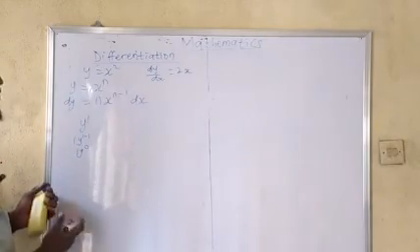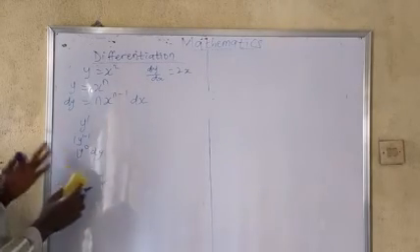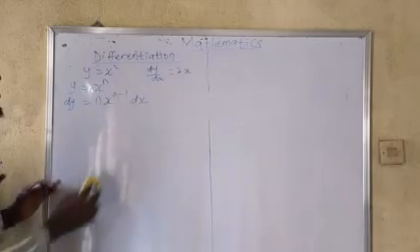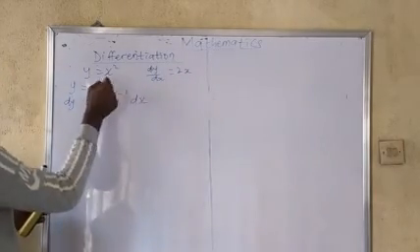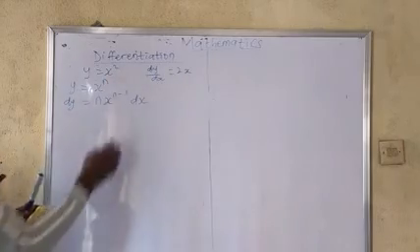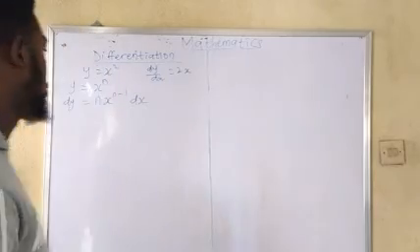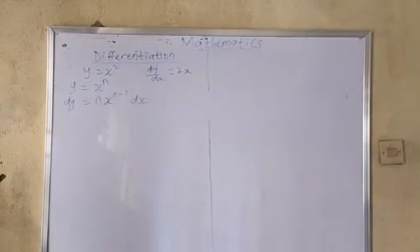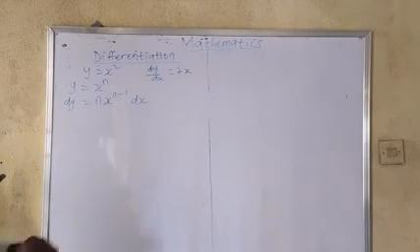So 1 times 1 is 1, and just put dy. Then for the other part, you also bring n down, take away 1 from the power, and put the dx. A lot of mathematical textbooks will not tell you this, but Frank Solutions takes you deep down into the root and tells you what actually happens.